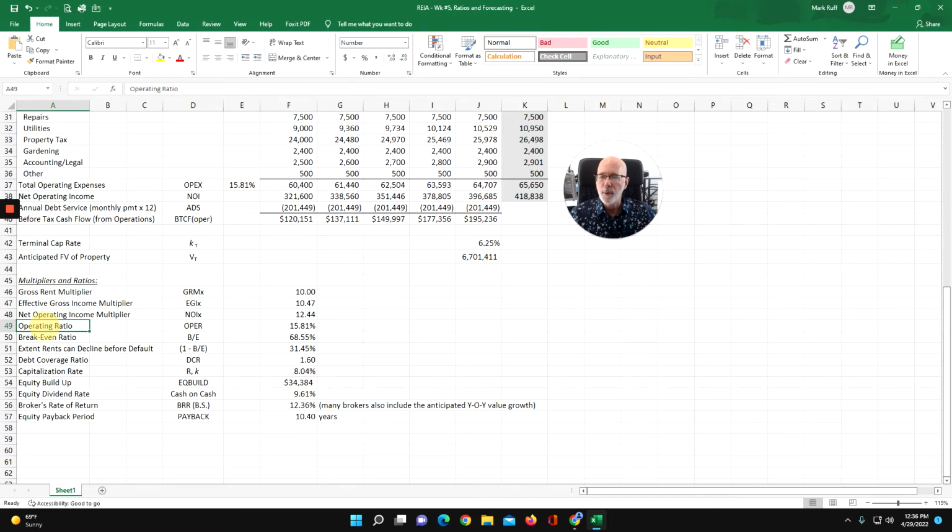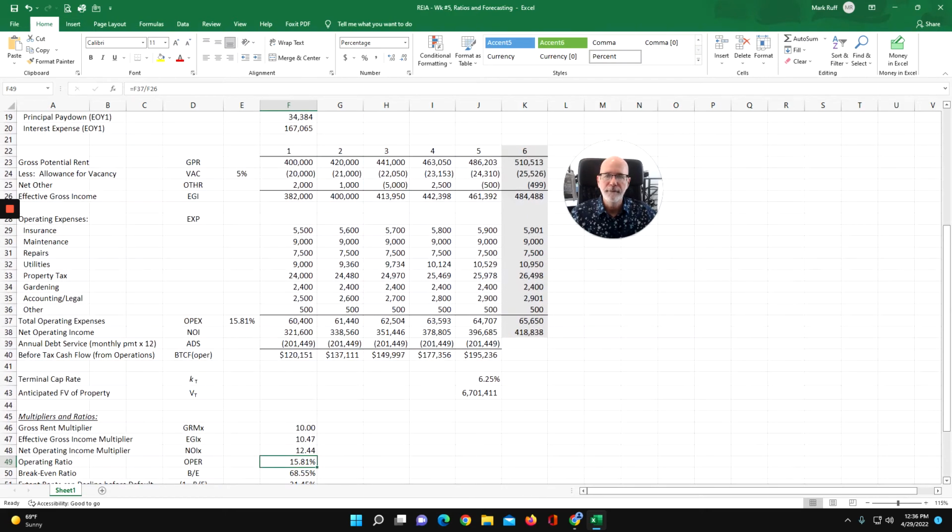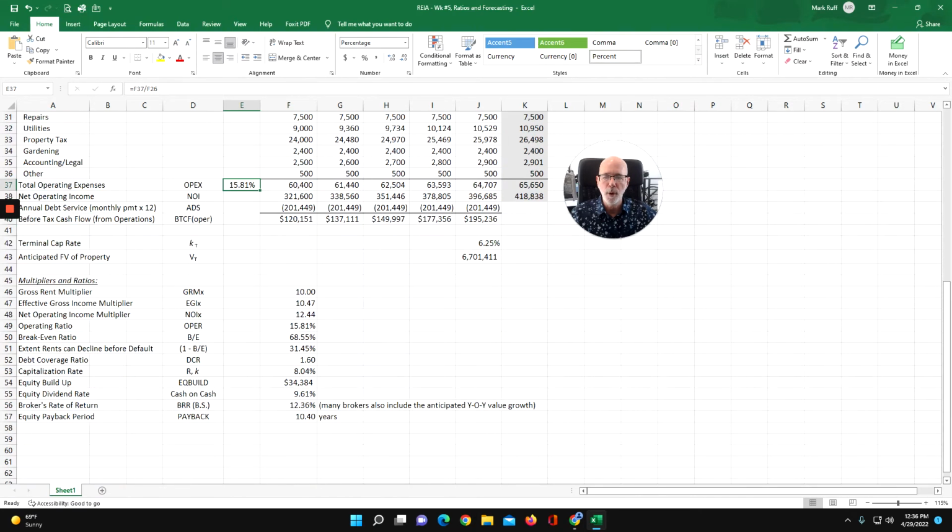Okay, the operating ratio. This means what percent of the effective gross income is being chewed up by expenses. So this 15.81 is pretty low. That's a pretty low operating ratio.